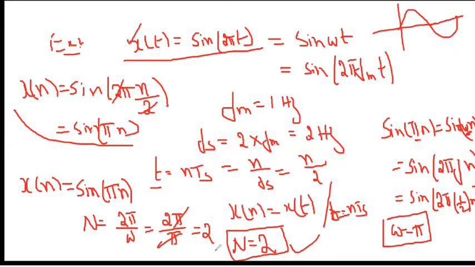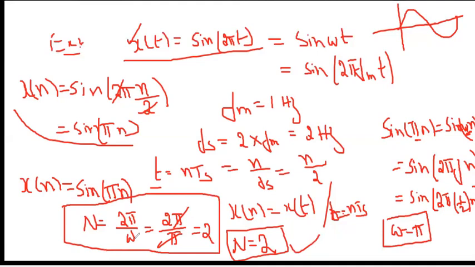N is equal to the fundamental period, 2, so the number of samples per cycle is 2. A cycle means the positive cycle and the negative cycle of the sine function. We got the fundamental period as 2, my dear students.